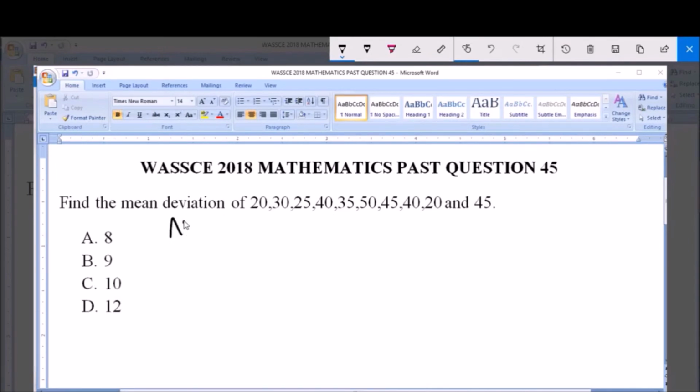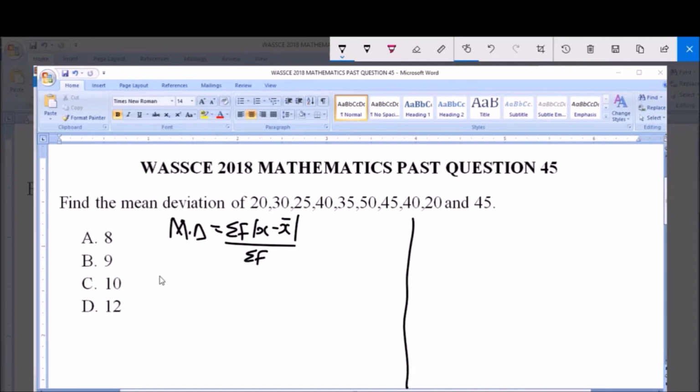Now mean deviation, MD, is equal to summation f times the absolute value of x minus the mean, all over summation f. Now for us to get all this, we have to draw a frequency distribution table. Let's divide this like this.